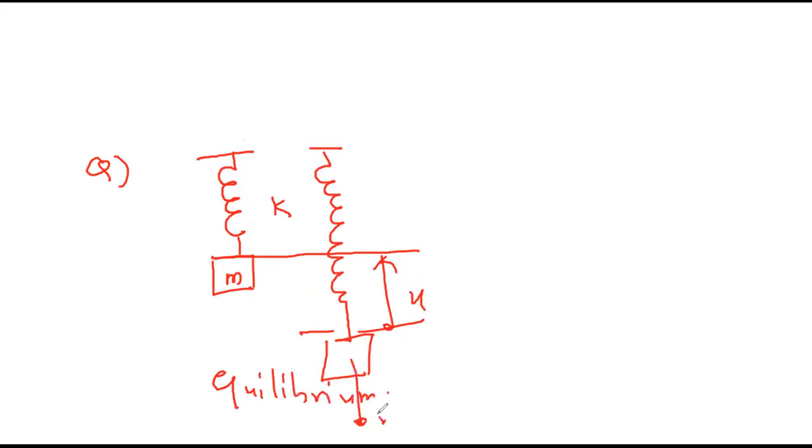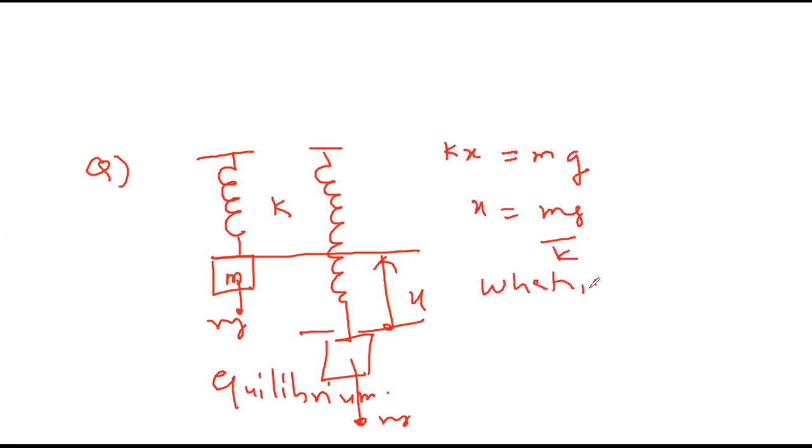The block will create force F. So I can say that the spring force kx is created by mg. So extension will be mg upon k.